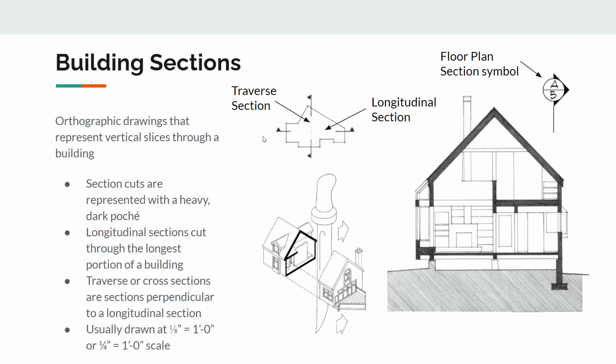All right, and whenever you see building sections, they'll be indicated by these symbols that are shown here. It basically just looks like a line that has a triangle at either end of it. All right. And section drawings are usually drawn just like the other kinds of drawings at 1/8 of an inch or 1/4 of an inch scale.